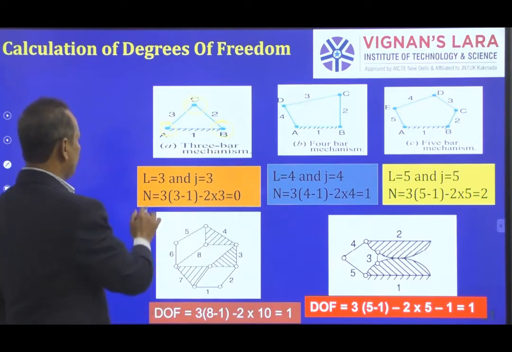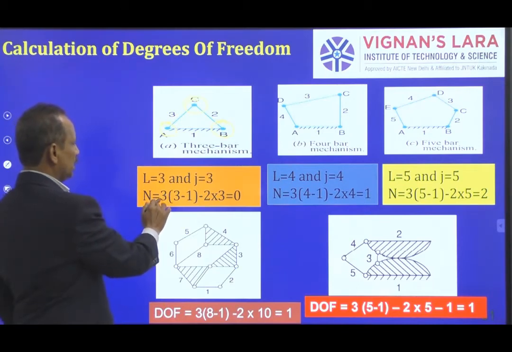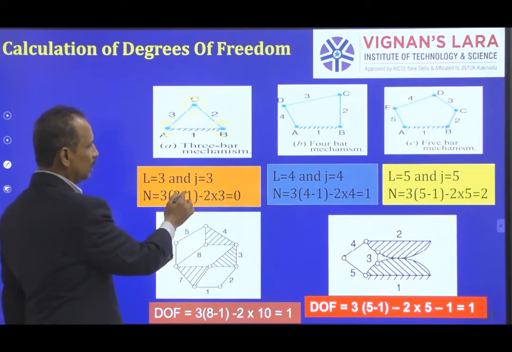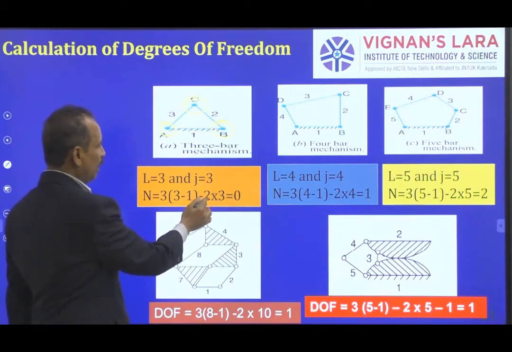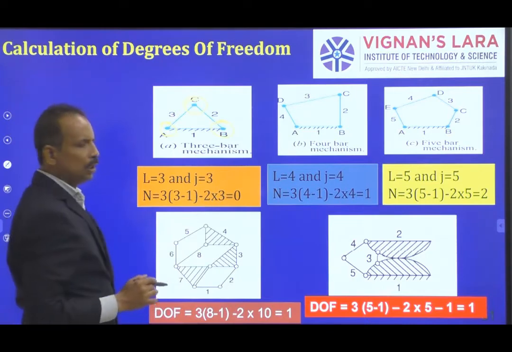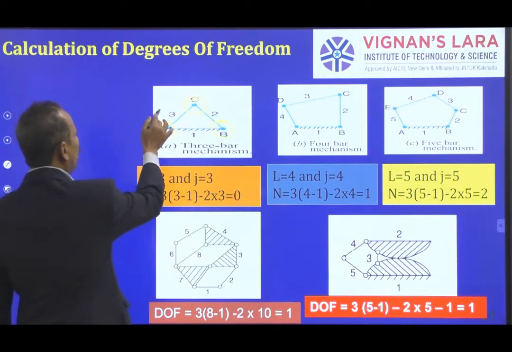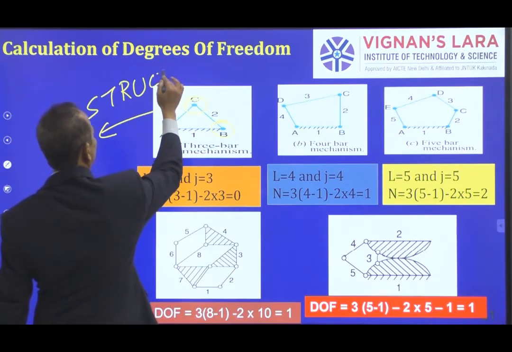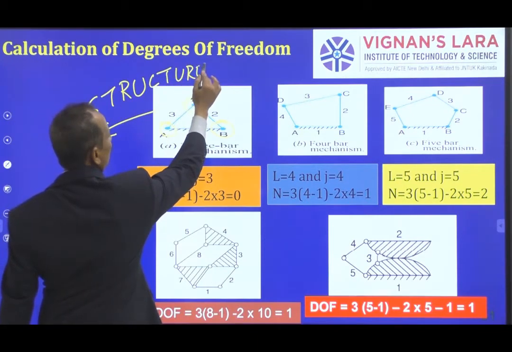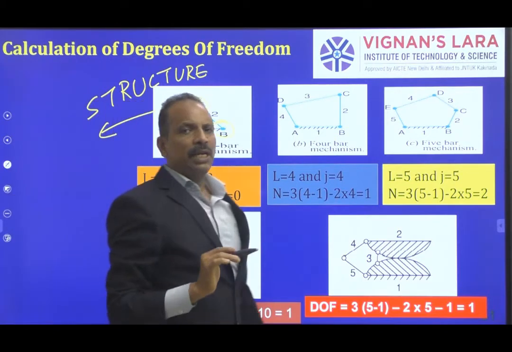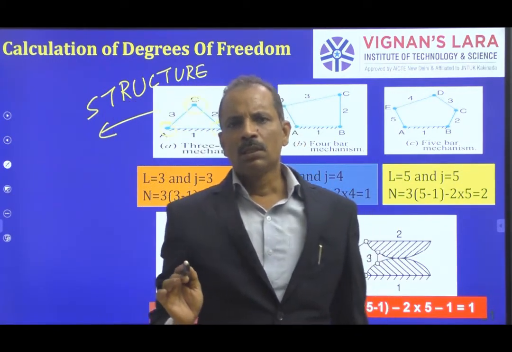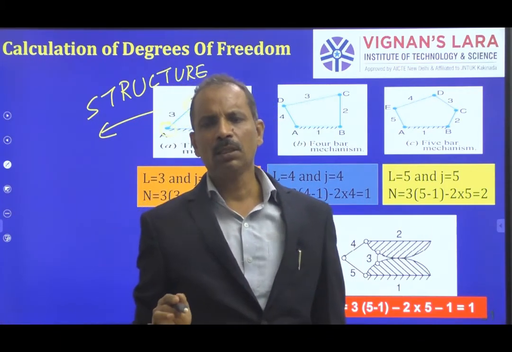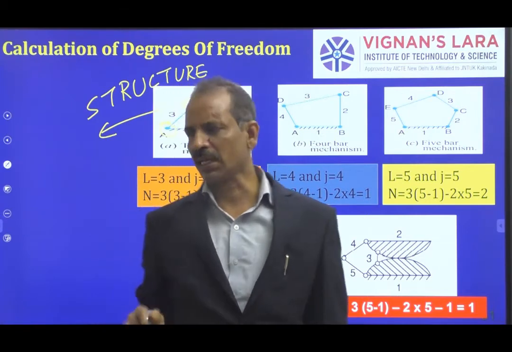Then the degrees of freedom is 3 into 3 minus 1 minus 2 into 3, which is 0. So this is called a structure. A mechanism with 0 degrees of freedom is called a structure.